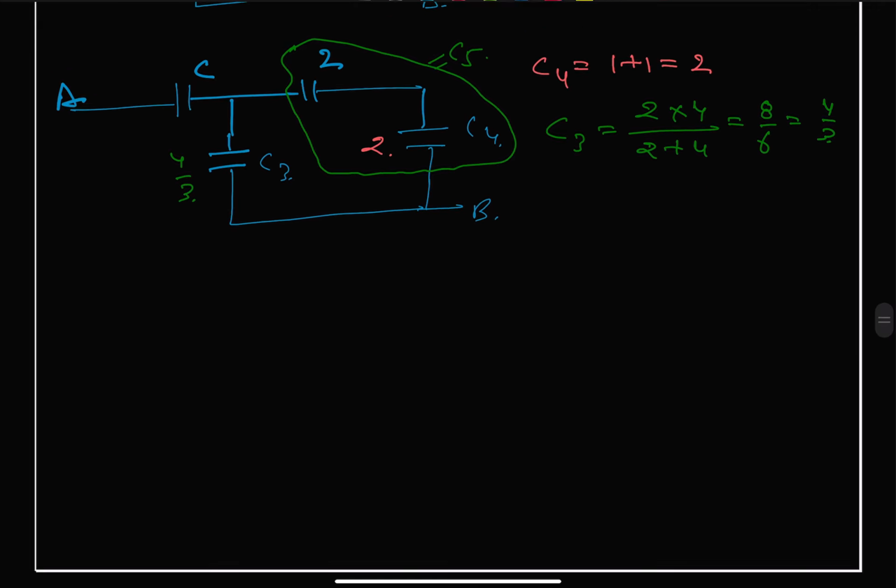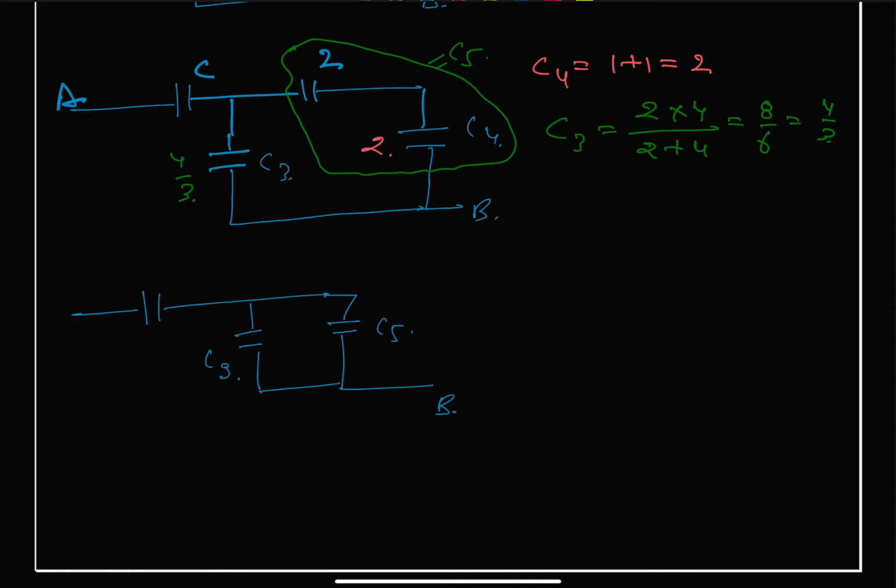So we can further draw the circuit. We have our C3, and that will be our C5, and this is our point B, and this C5 is a series combination of 2 and 2.